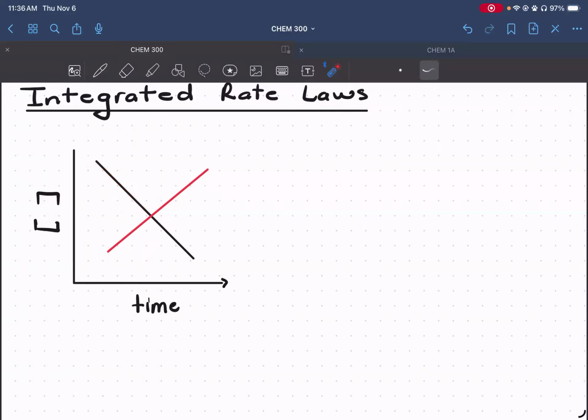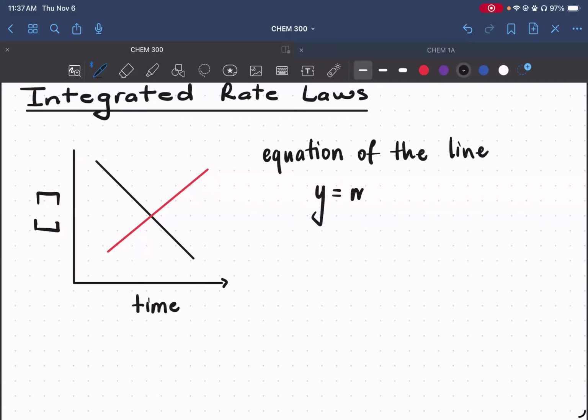May sound pretty roundabout, but really what I'm trying to get you to remember, maybe way back in algebra, is the equation of the line, y equals mx plus c. Where, of course, y and x represent our x and y axes. M is our gradient, and c is our y-intercept.